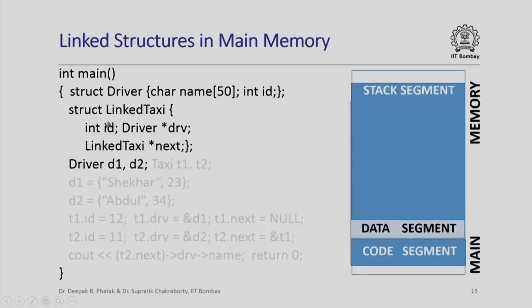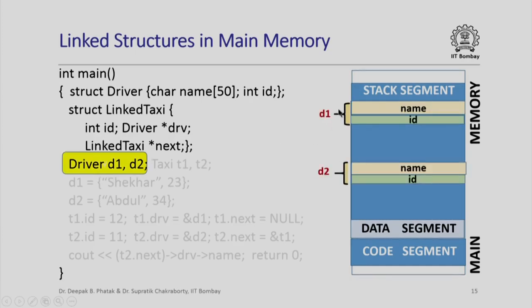So now that we know how the linked taxi structure might look, let us see how we are going to represent linked structures in main memory for a simple program that we are going to show here. Here we have the structure driver we have seen before, the structure linked taxi that we have seen before, and these two variables D1 and D2. Of course, space for these will be allocated in the stack segment since they are local variables of main, and as before the space for each variable will have space for each of its members.